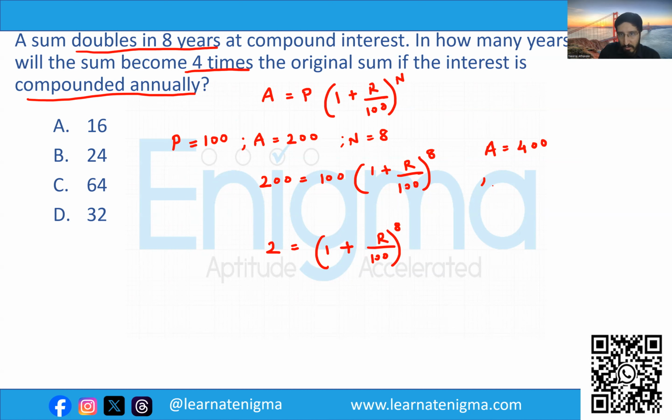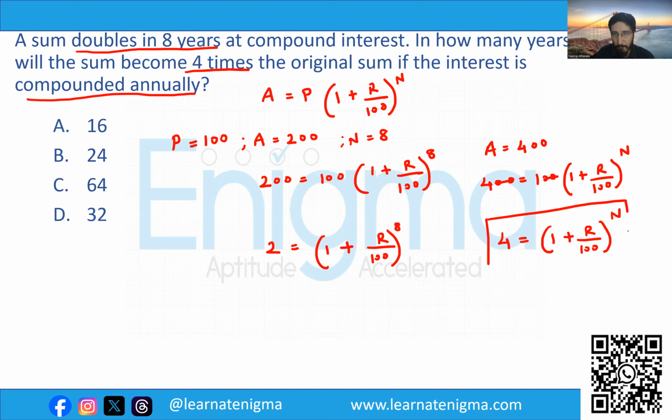So now substituting these values, we get 400 is equal to 100 into bracket 1 plus R by 100 raised to N. Now, if we cancel the zeros again, we get the equation as 4 is equal to 1 plus R by 100 raised to N. Now, this is the equation we want, and this is the equation which we have got.